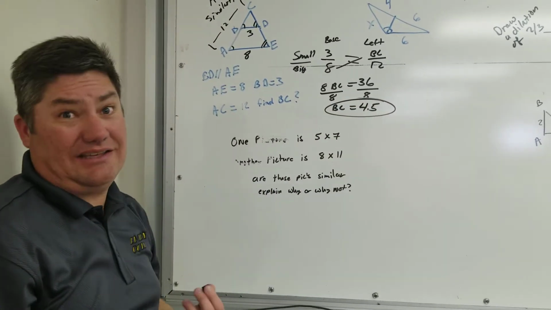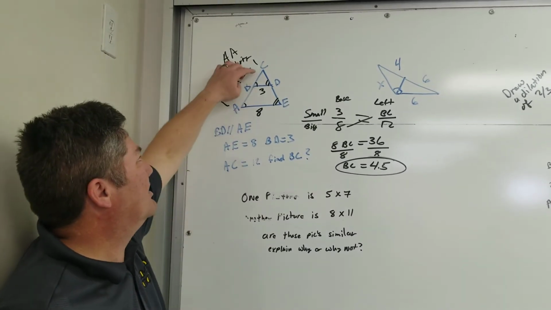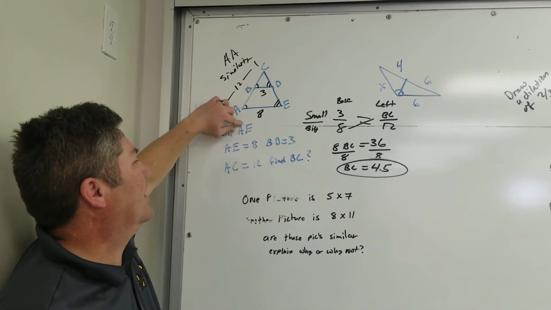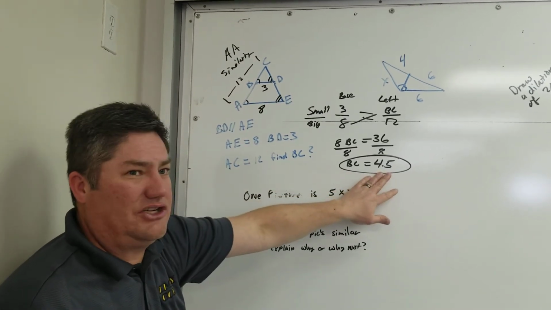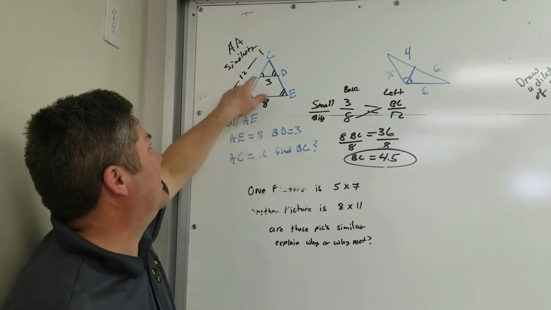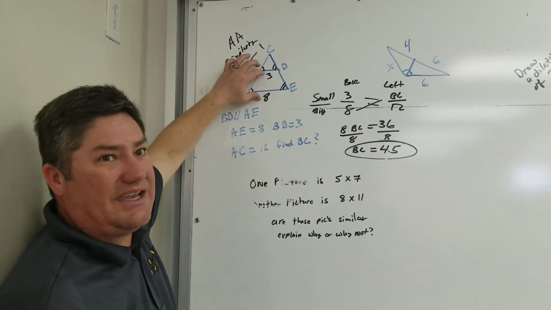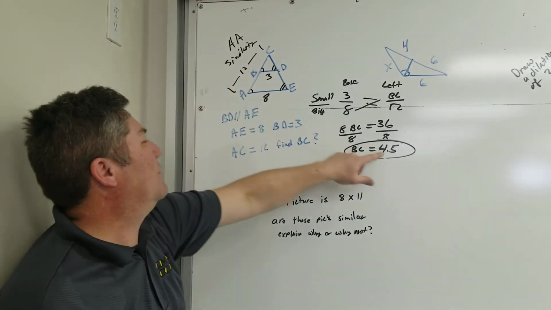Does that make sense? Think about it. The small triangle compared to the big triangle, obviously these corresponding sides should be smaller than the big corresponding side. We knew that this side length had to be less than 12, and it had to have a ratio of about 3 to 8. Well, okay, that's 4.5 to 12.